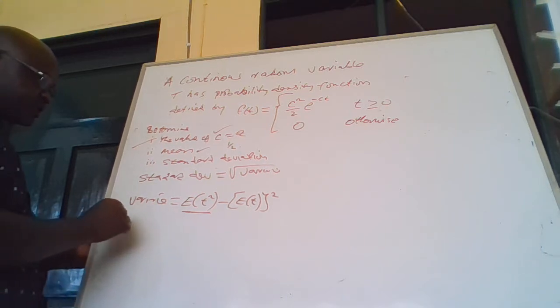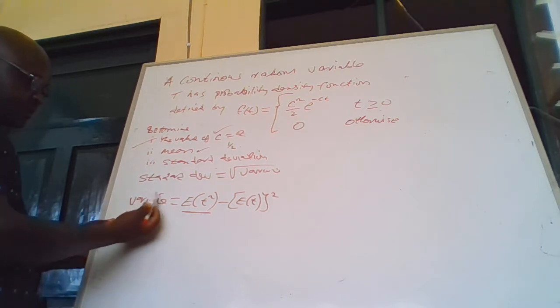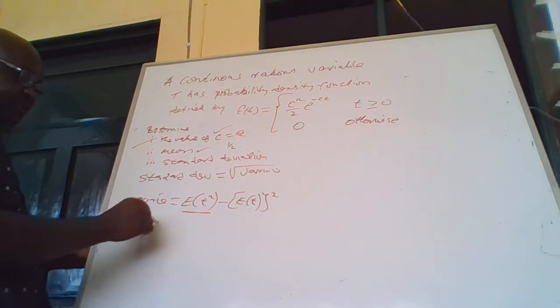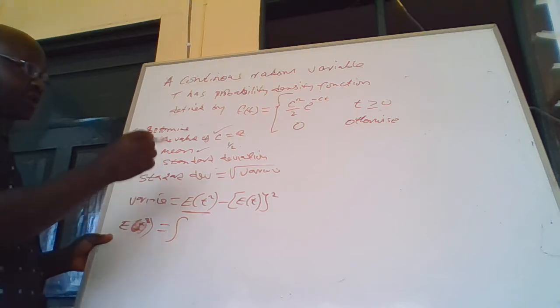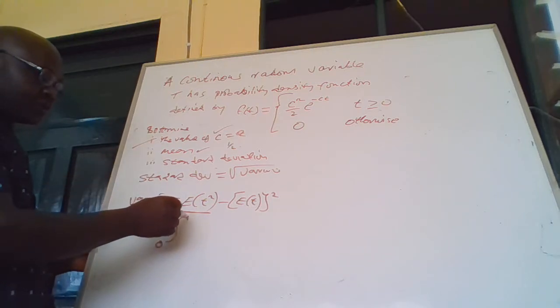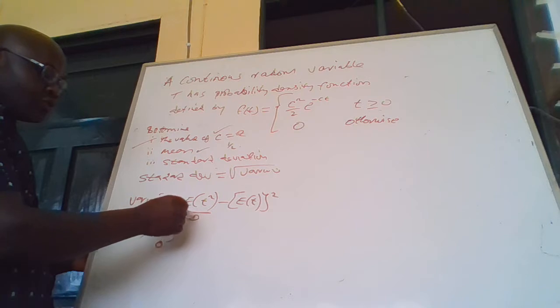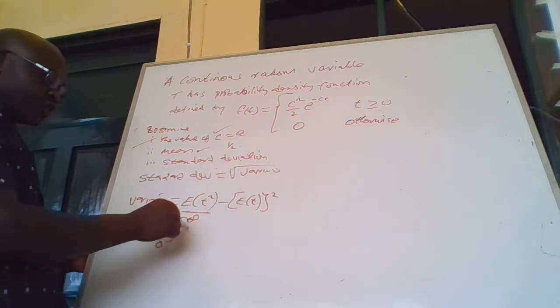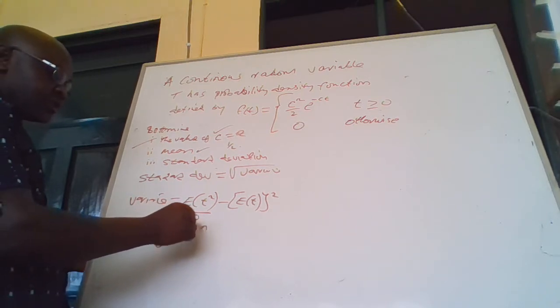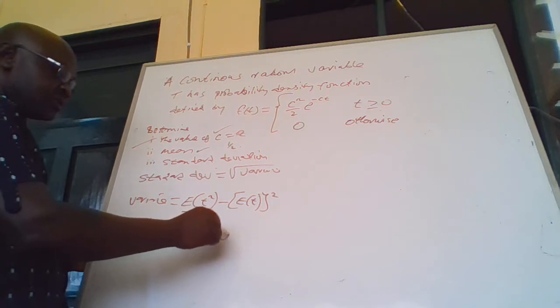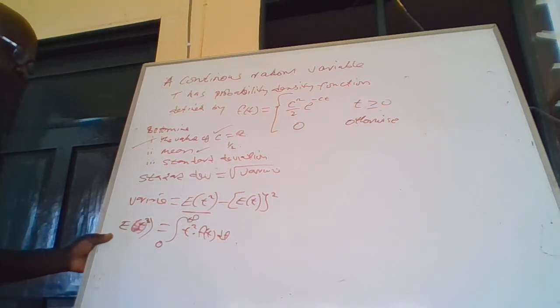Now the expected value of t squared is given by the integral, now we are integrating from 0 to positive infinity, of t squared times f of t dt.